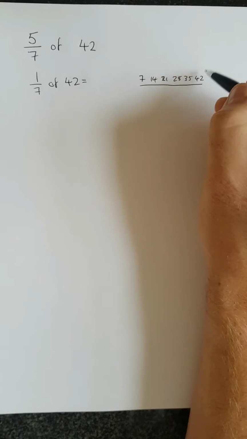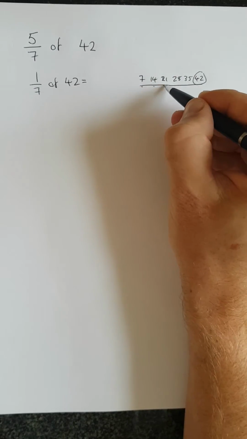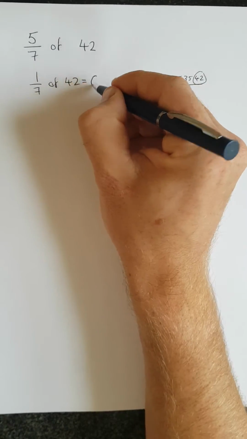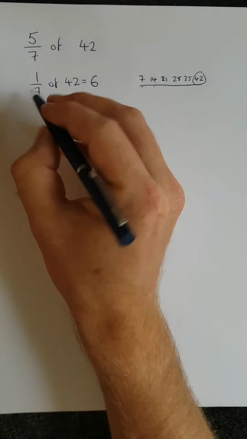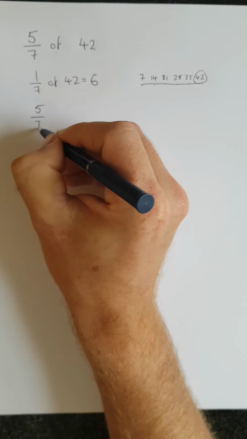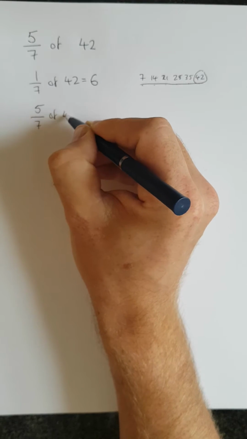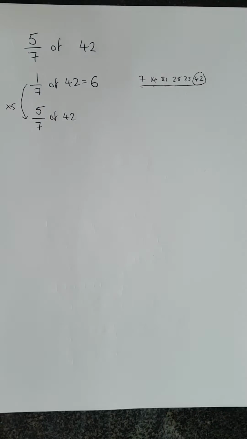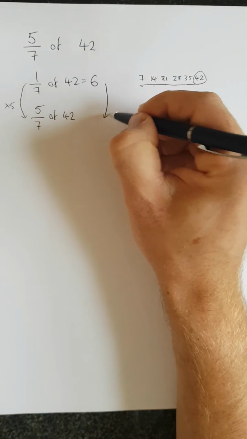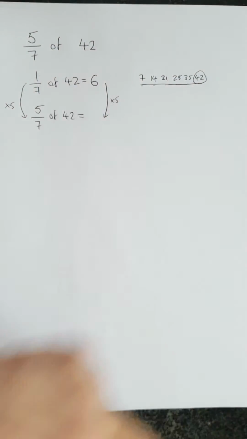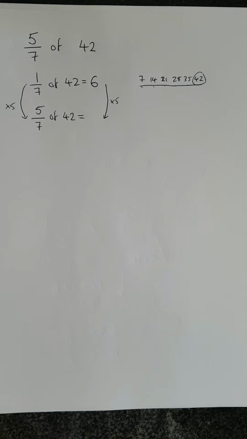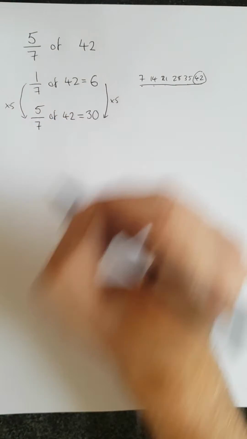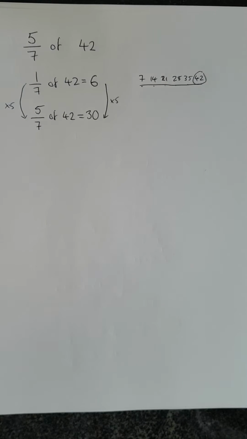There are my 7 times tables. 1, 2, 3, 4, 5, 6. Now, I know that 5/7 is 5 times as much. So how much is it? Well done if you said 30.